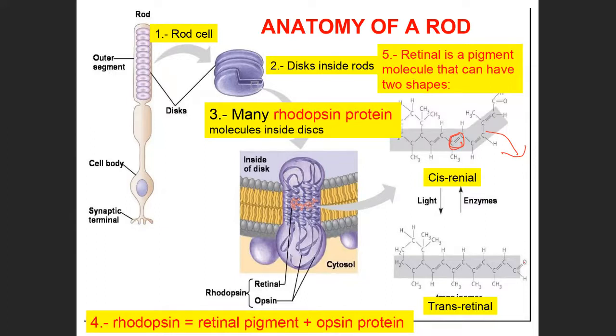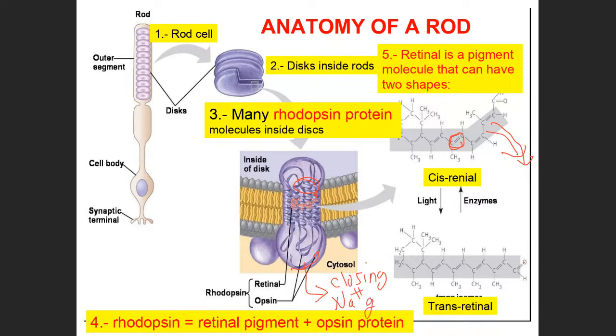When that happens, because retinol is in contact with opsin, as retinol moves down, it's going to move the opsin protein. And when it moves the opsin protein, the opsin changes its shape, and it puts in place a series of reactions that are going to end up with the closing of sodium gates.